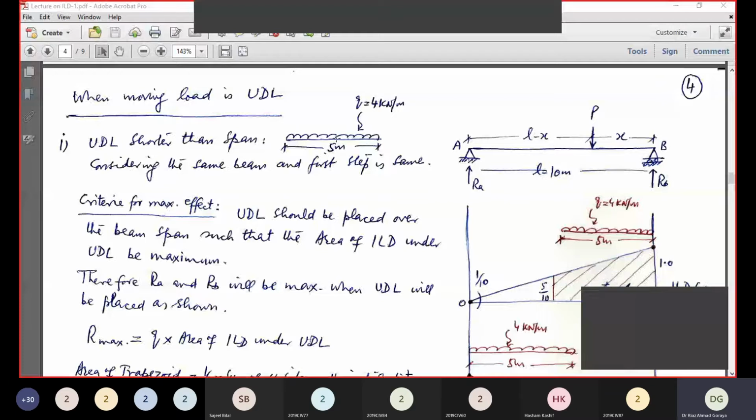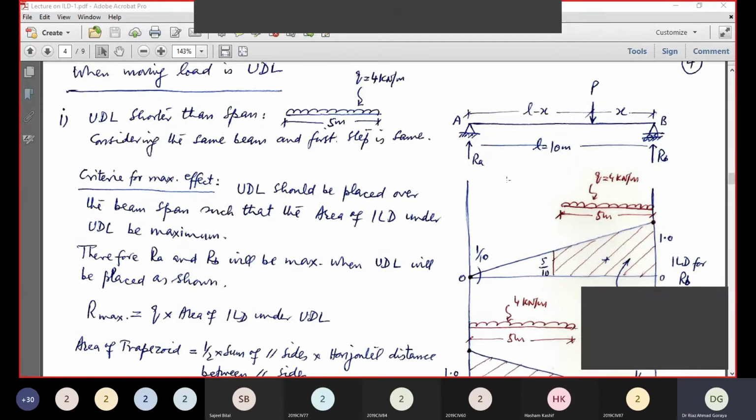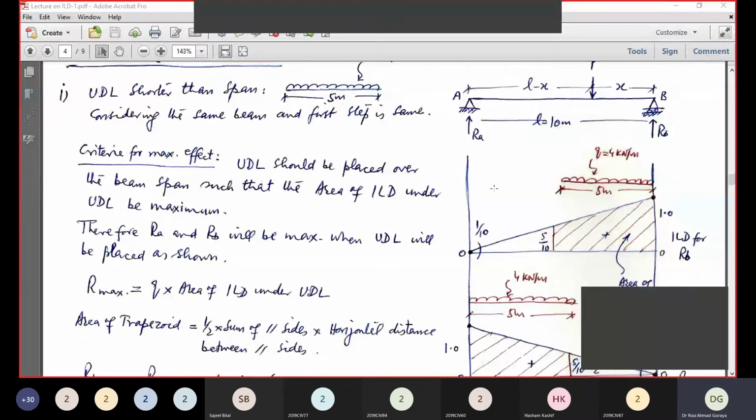This ILD is same. Now the criteria for maximum effect for UDL. UDL should be placed over the beam span such that the area of ILD under UDL be maximum. आपने इसको उधर प्लेस करना है जहां पे ILD का एरिया अंडर द UDL मैक्सिमम हो. Look at this first case for RA.